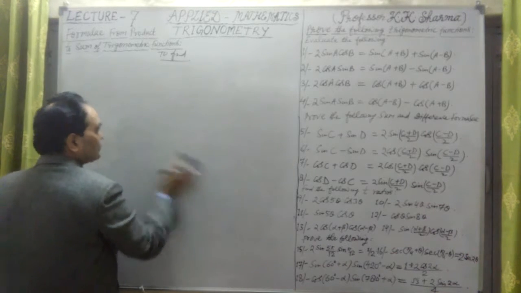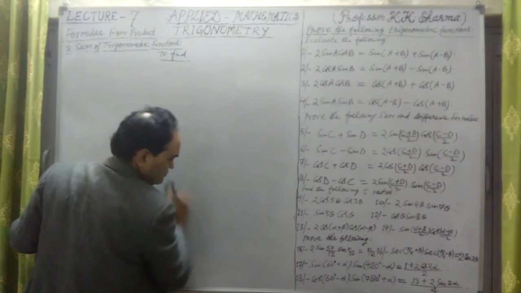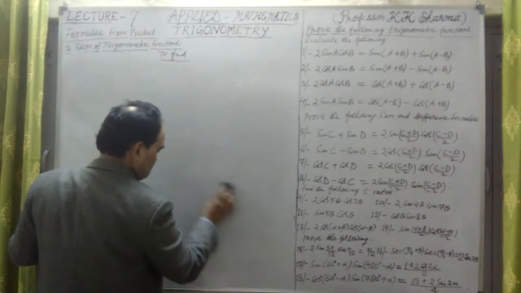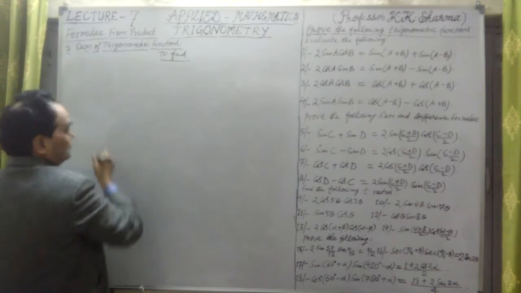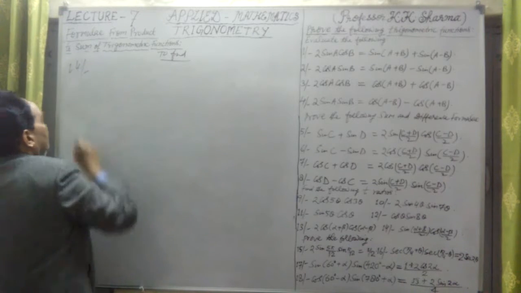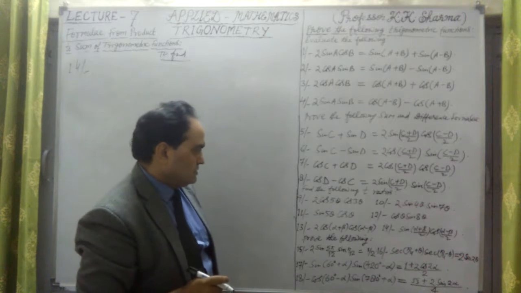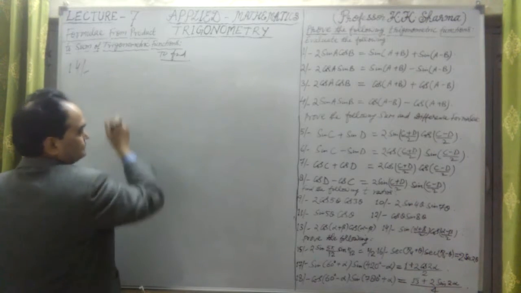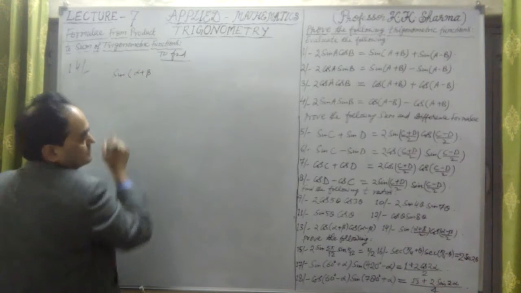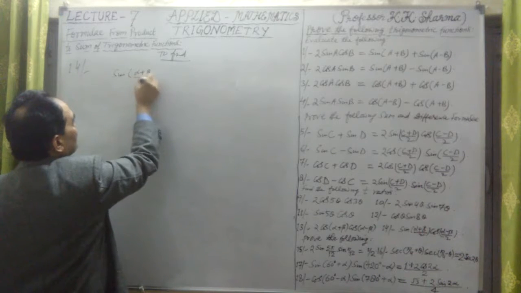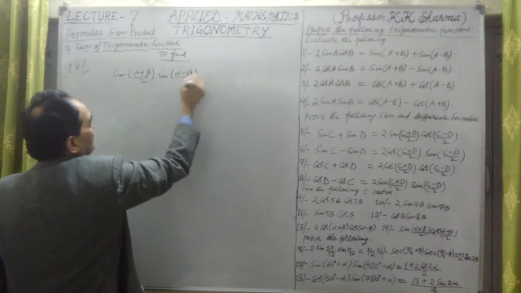What does it say? Let me check. Question number 14 says, find 2 sin((alpha plus beta) upon 2) into sin((alpha minus beta) upon 2).